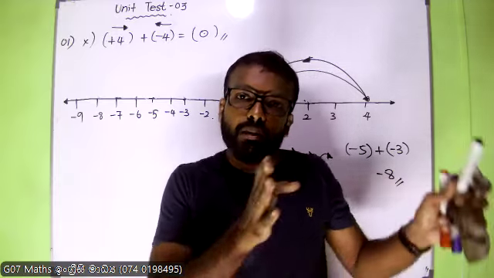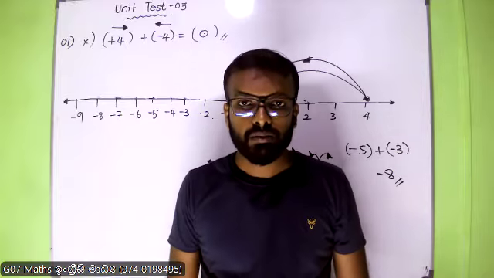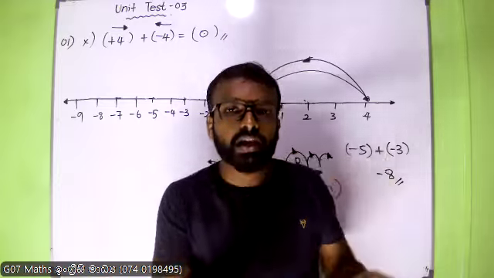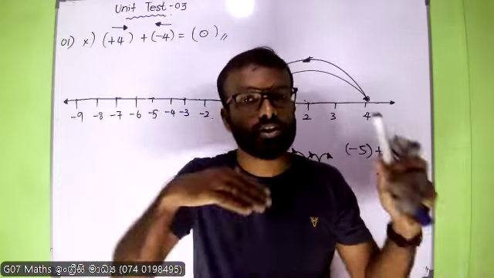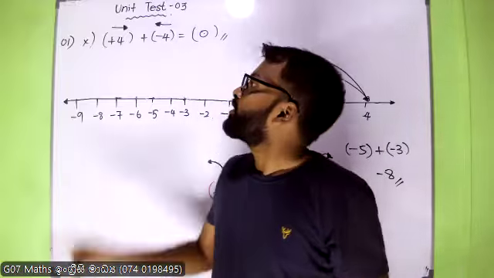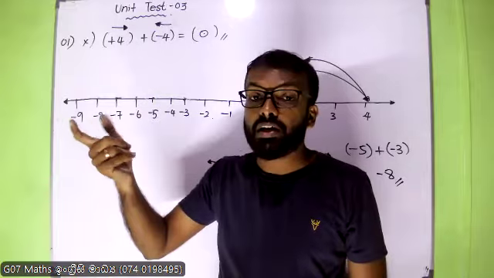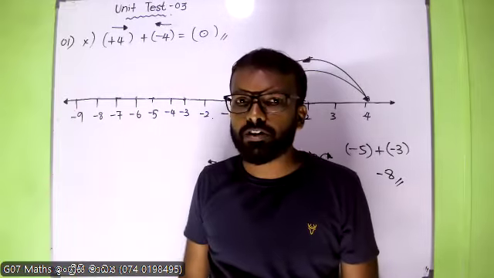Positive 1000 plus negative 1000. Answer will be 0. Positive 999 plus negative 999. Same number, different sign. 0. So, positive 4, negative 4. If we apply our method, two different signs.